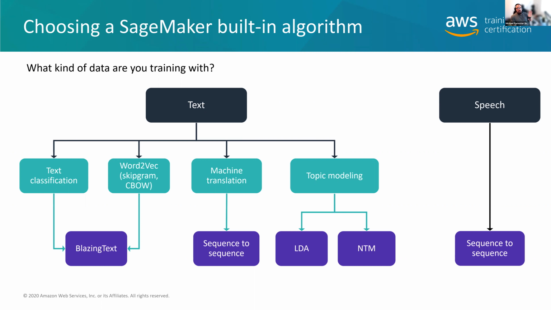The framework is the one that requires a Docker container change in order to execute. So you can use the built-ins, but if you want to customize it, you're either going to customize it in code or you're going to do it both in code and with a Docker container. And at that point, you could call the SageMaker endpoint.